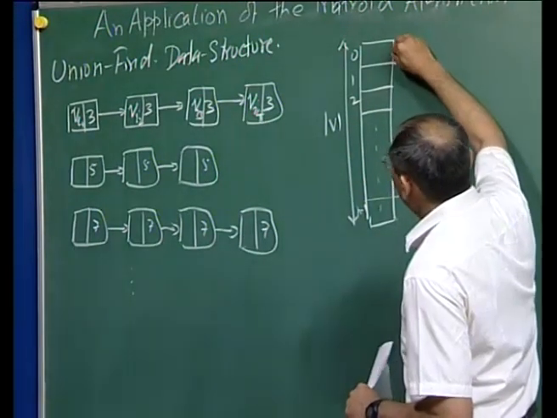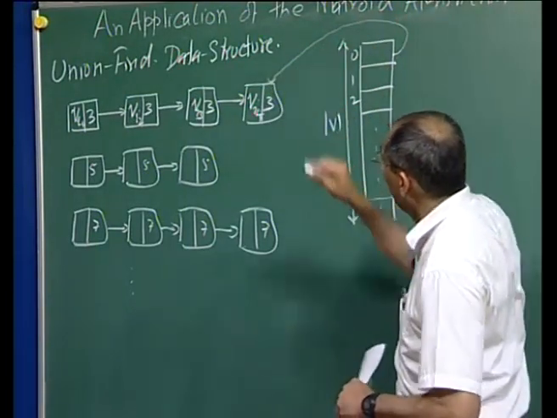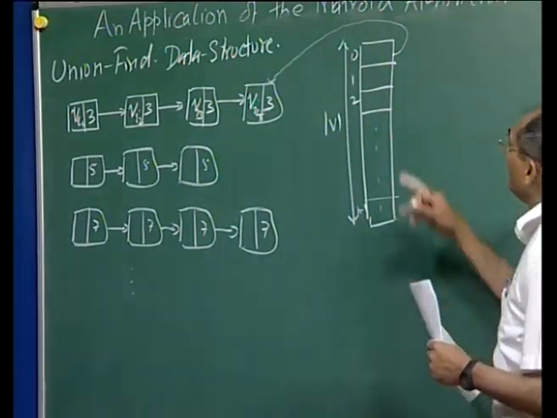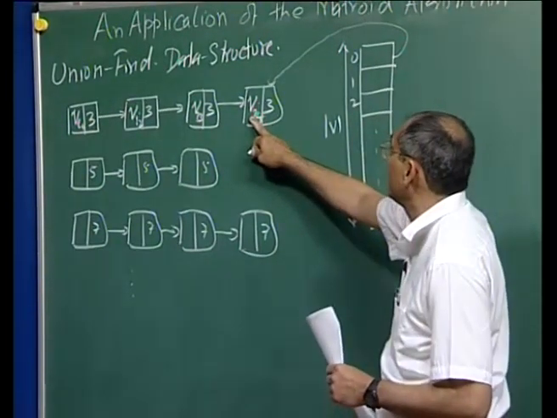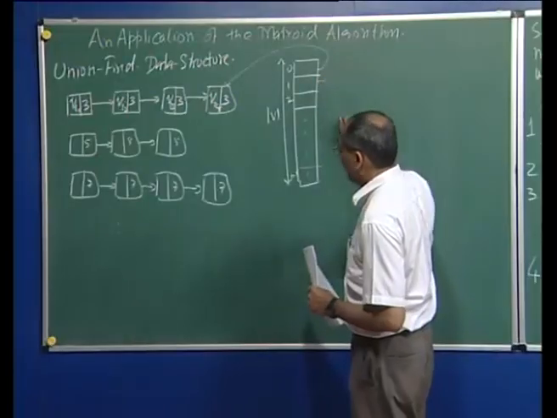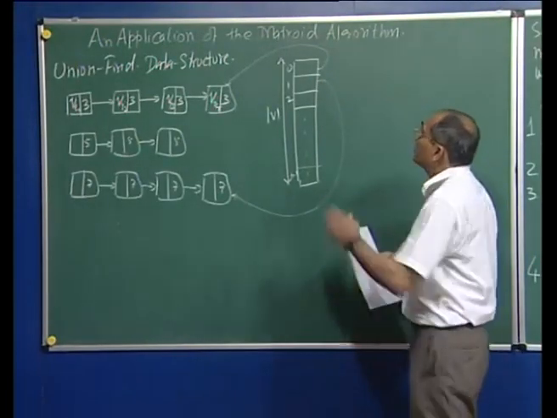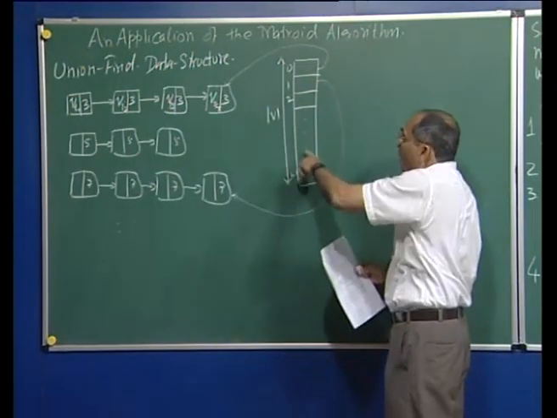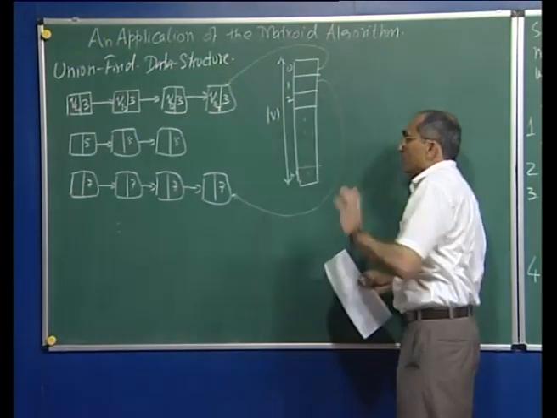This will have a pointer to the corresponding node in the linked list. So, this is say vertex V0, maybe V1 is somewhere here and so on. So, we will store a pointer in this to the node of the corresponding vertex.